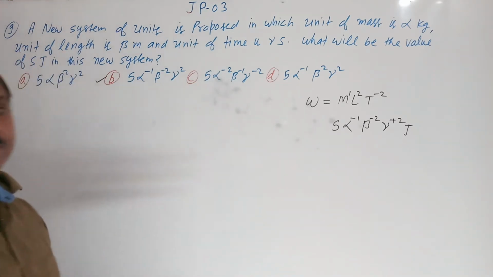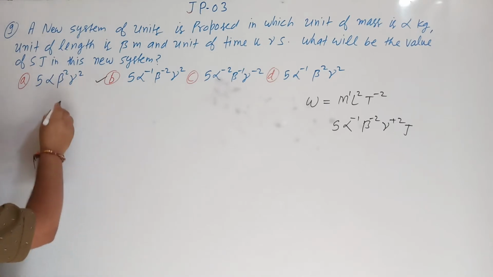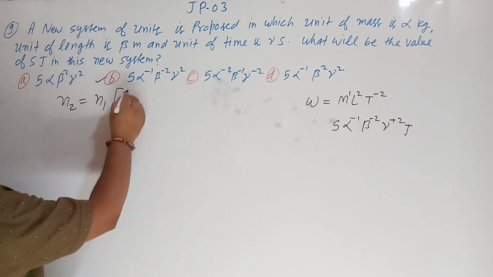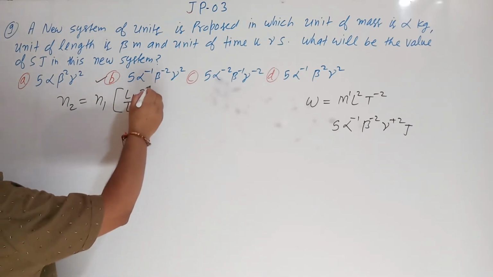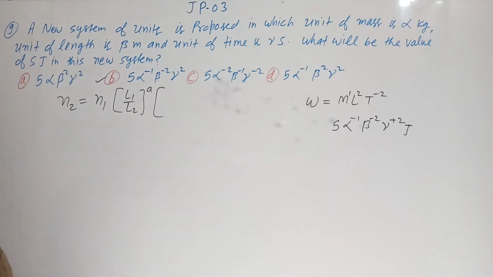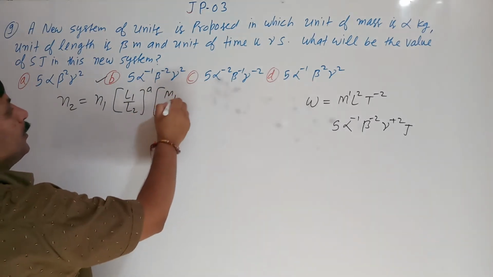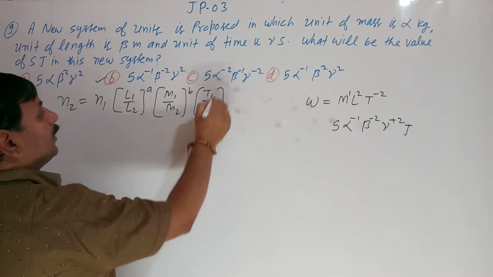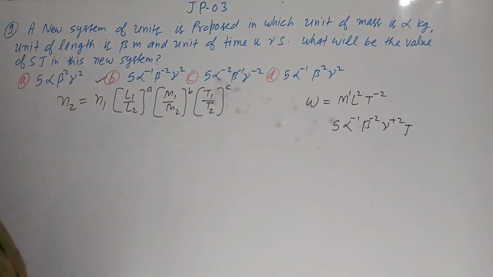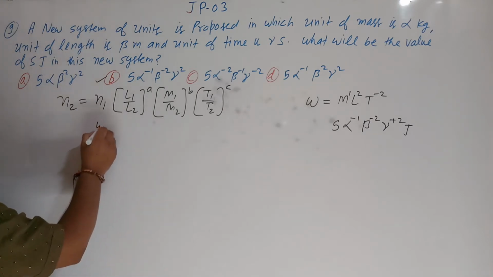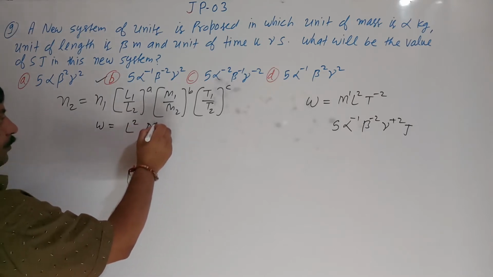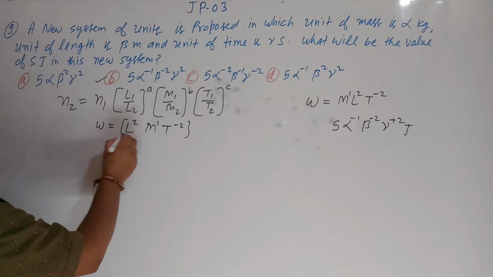But how has it come? So see here, in the old system we know the formula: N1 is equal to N2, that is N1 L1 upon L2 power A, M1 upon M2 power B, T1 upon T2 power C. So see here, the dimension formula of work done is L square M raised to 1 T raised to minus 2.